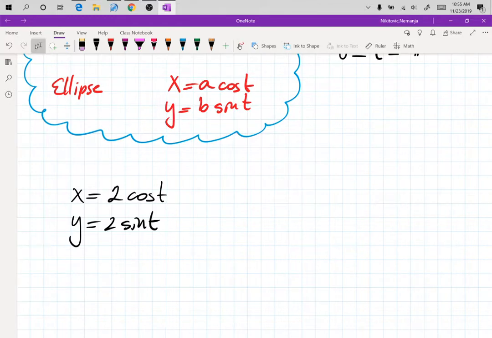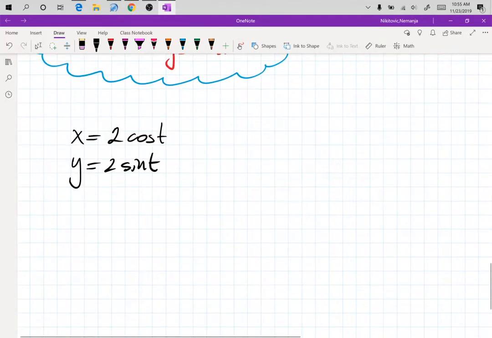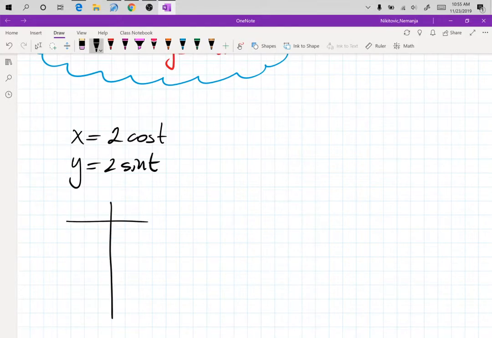So if I have my parametric set over here, let's take a look at the chart of values, and then we're going to graph the chart of values. I'll need a chart with 2 values because I am assigning t and then calculating x and y.